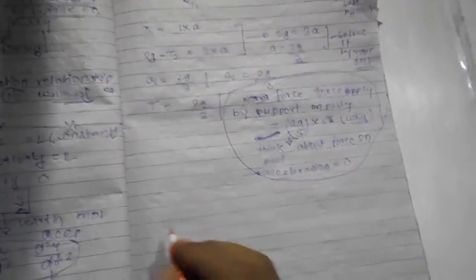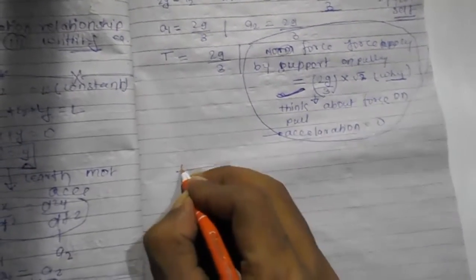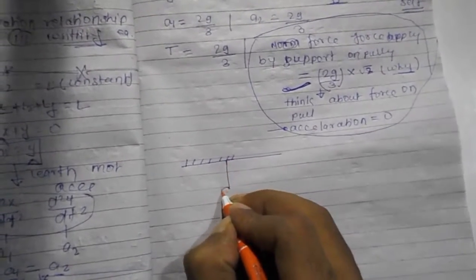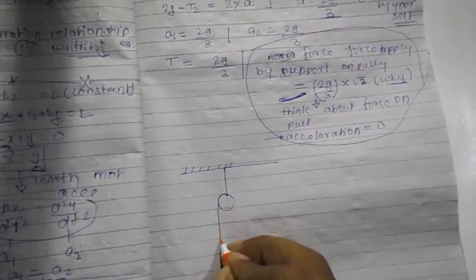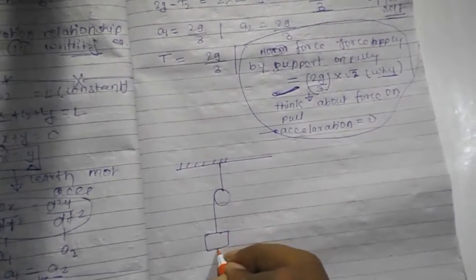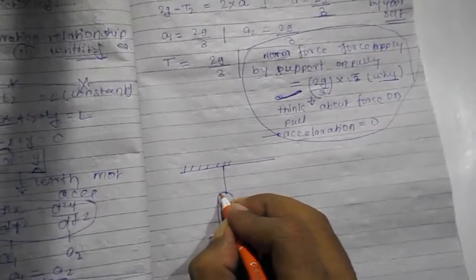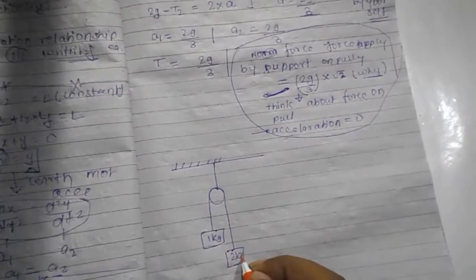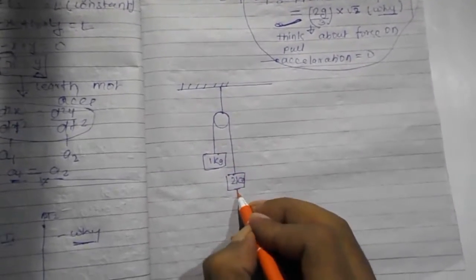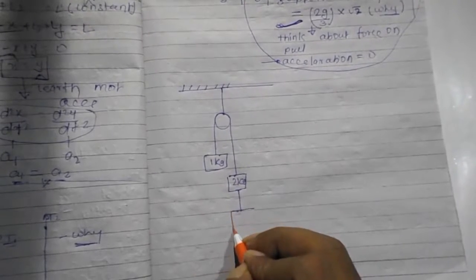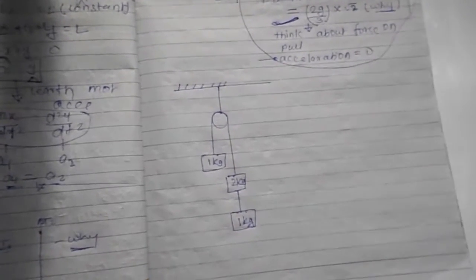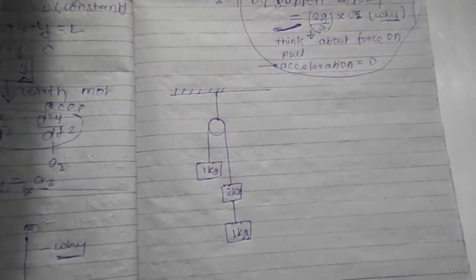Now I am going to give you another question like this. 1 kg, 2 kg, and this is 1 kg. Okay, and this is 1 kg.